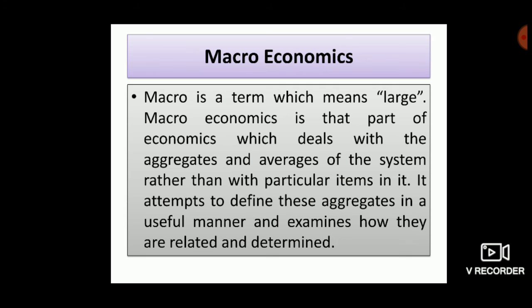It is sufficiently clear from the above definition that macroeconomics aims at dealing with the aggregates and averages. The economists, while following the macro approach, are not interested in individual items such as individual consumers, buyers, producers and sellers, etc. The behavior of an individual is analyzed in microeconomics.